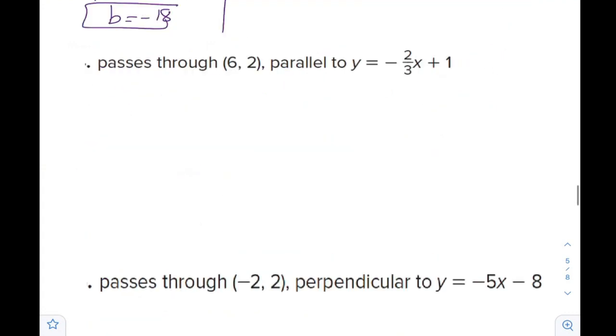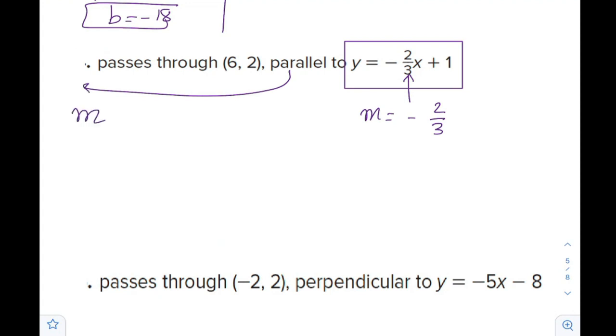For this equation, we want the equation of a line parallel to this. Since we are looking for a line parallel to that line, let's find the slope here. Our slope is -2/3, so my slope is exactly the same. This is given. So now the slope I need is the same because it's a parallel line, and I have the point already. So I'll do the same as I have done before.